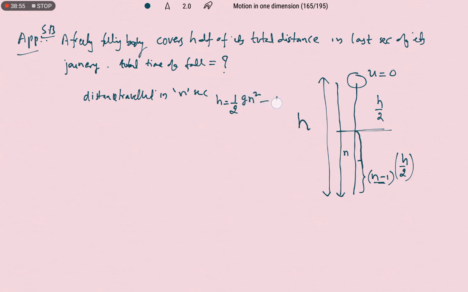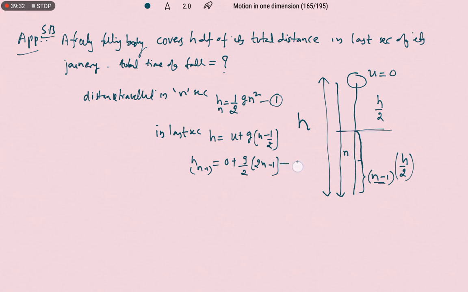In the place of t I am writing n square, because the total time of the fall I am taking as n. In the last second, h is equal to, we can write u plus g into n minus 1 by 2, because the object is under free fall, 0 plus g by 2, we can write 2n minus 1. So this is in the last second, and this is in n seconds.